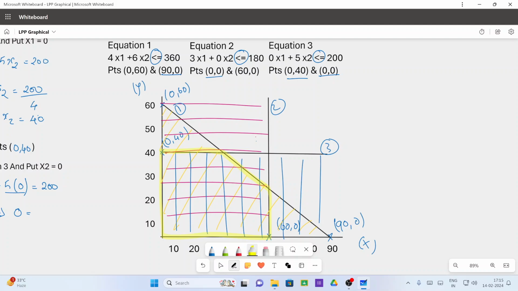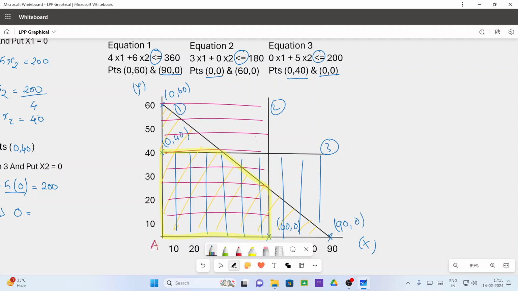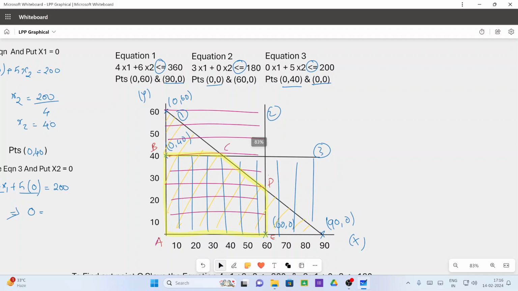So this is where the intersection happens. I am marking the intersection points as A, B, C, D and E.